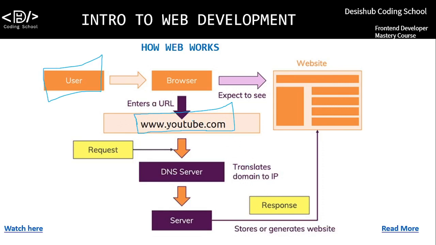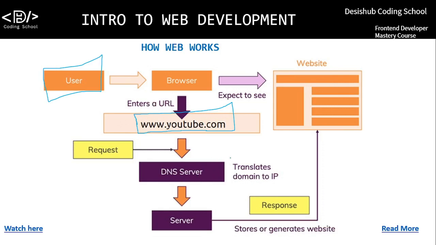Its purpose is to make sure if you type in a domain, it points you to the server where that website is located. So when a user enters a URL, it is sent to the DNS server to check if it really exists.